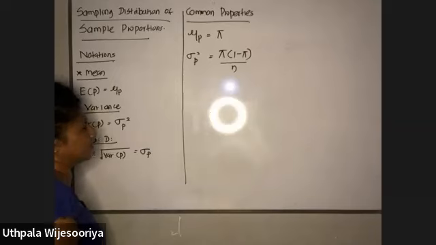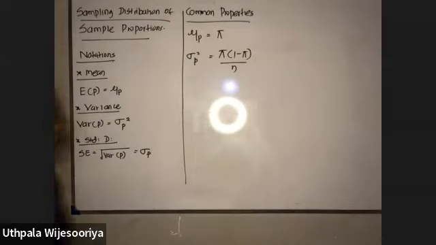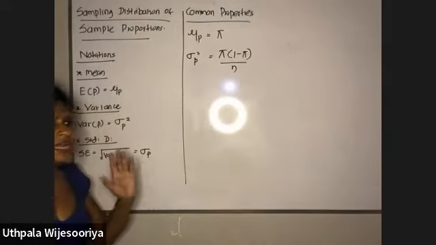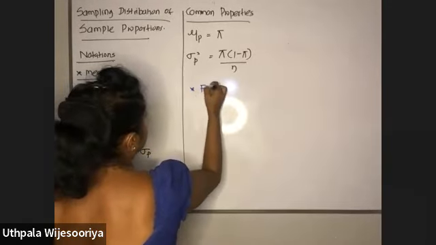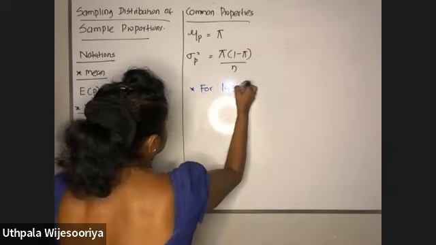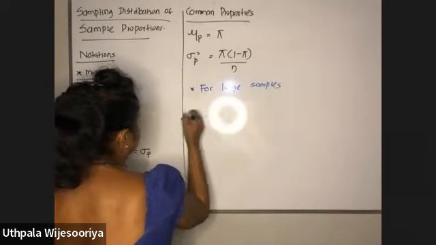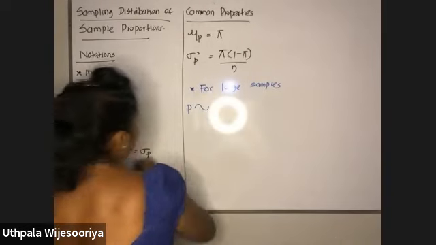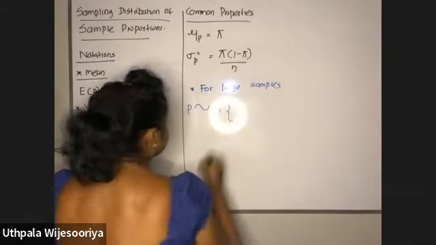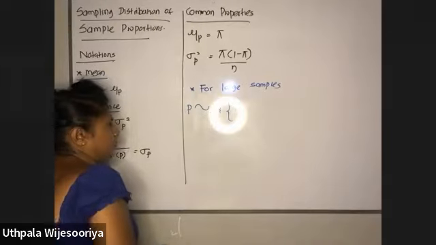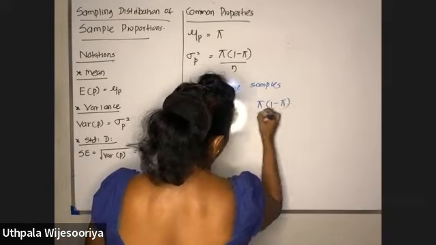This is again approximately normally distributed. The only condition for the sampling distribution of sample proportions is large samples. We have to take only large samples. It is approximately normally distributed with mean population proportion pi and variance pi into 1 minus pi over n.